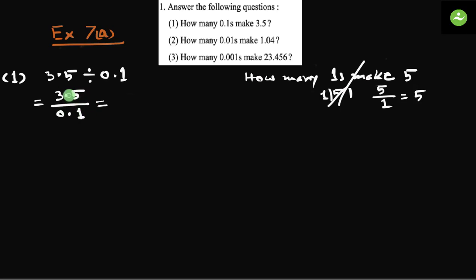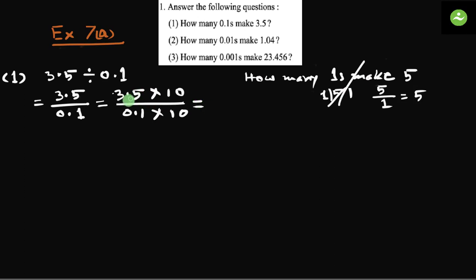If we multiply the denominator by 10 and the numerator by 10, the value will not change. Why 10? For one digit after the decimal it is 10, and there is only one digit after the decimal here. That is why we multiply by 10. So 3.5 into 10 and 0.1 into 10. It doesn't change the value.